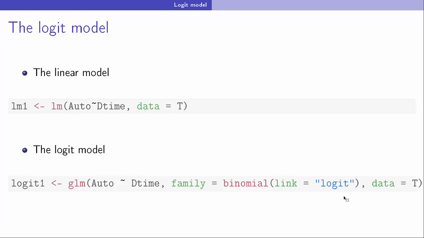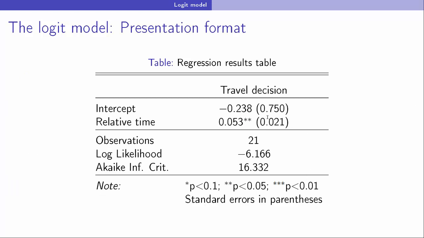Remember that first lecture part where we were talking all about these transformations. So the step to go from linear regression to generalized linear regression is as simple as this. We change one point from LM to GLM and we specify the extra family. All right, and that's all we need to do.